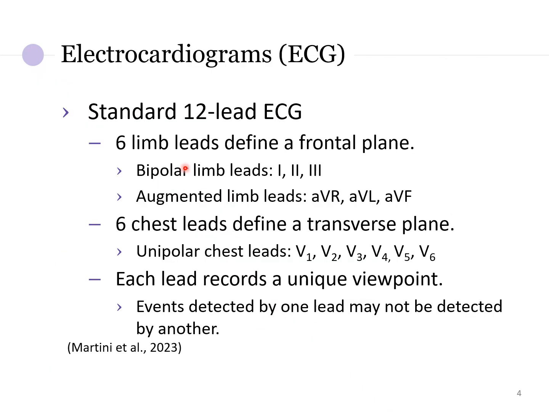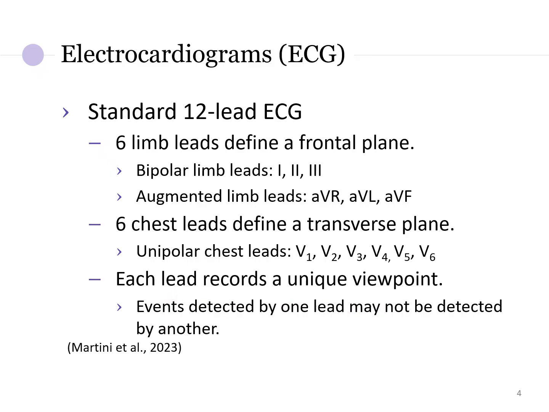What are the standard 12 ECG leads? We have six limb leads: 1, 2, 3, and AVR, AVL, and AVF. We can explain it in the next slide. And then the six chest leads that we have: V1, 2, 3, 4, 5, and 6. Each ECG lead records a unique viewpoint.